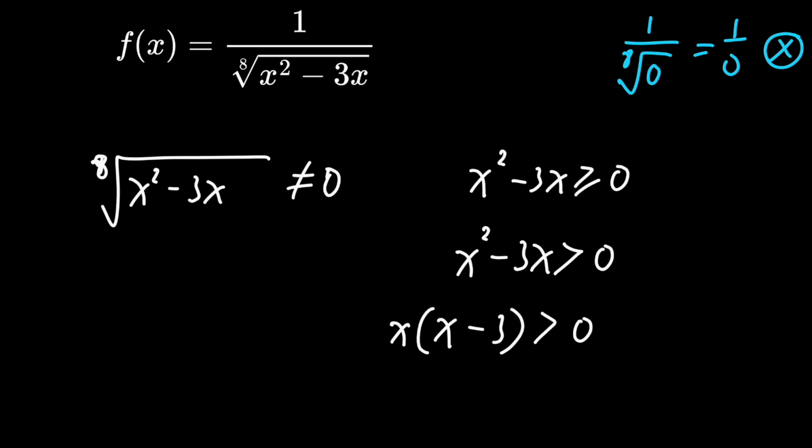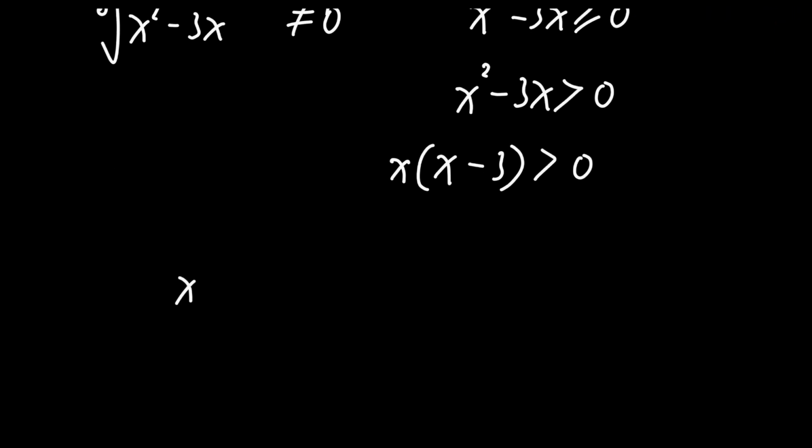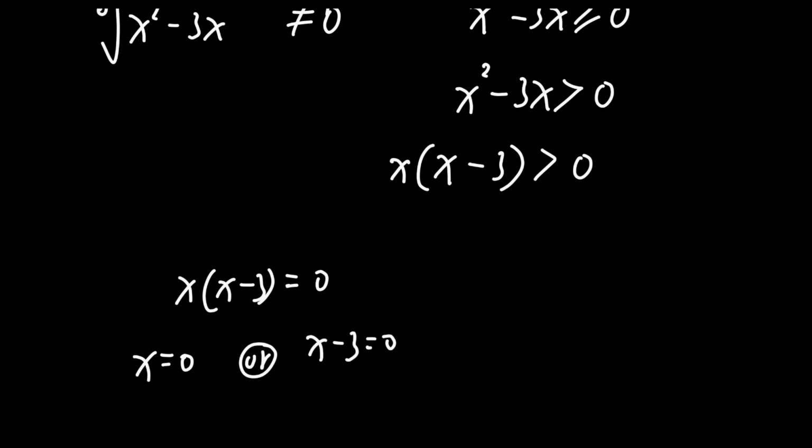To figure out the domain, we just want to know what the variable x represents. And to do so, we can use something called testing points, where we first set x times x minus 3 equals 0, and then solve for x. So x equals 0, or x minus 3 equals 0, which is x equals 3.